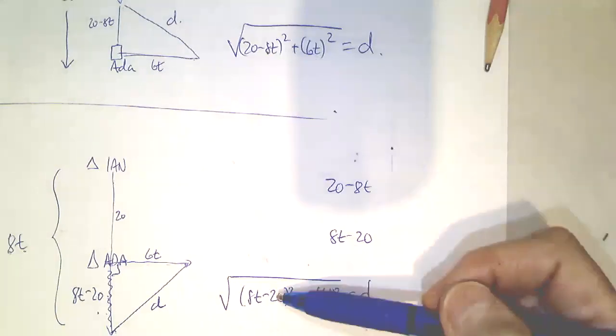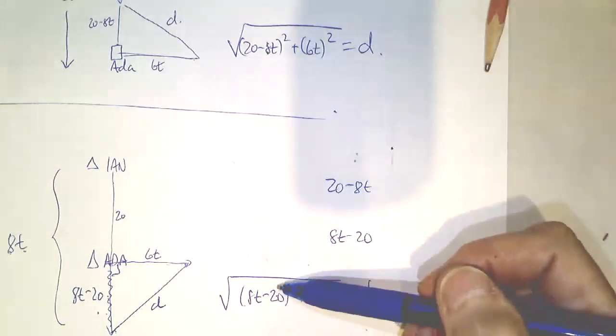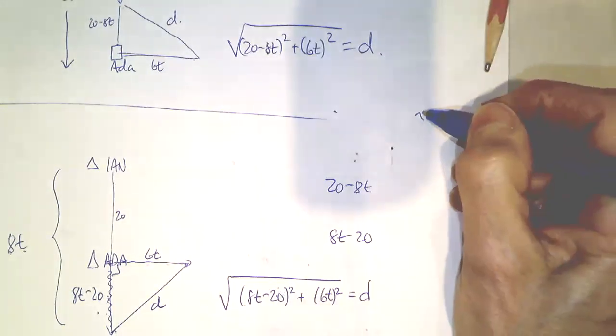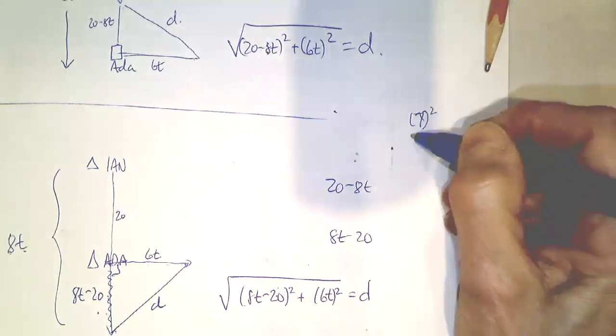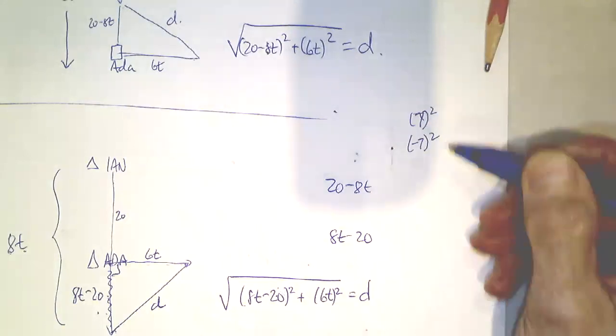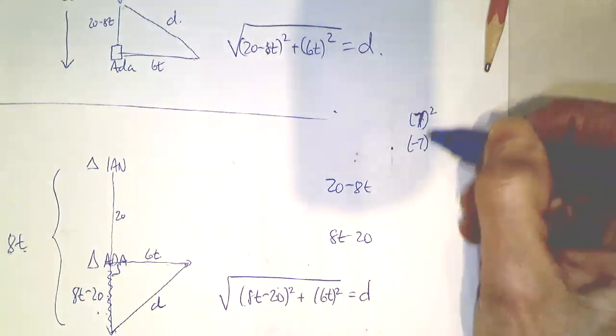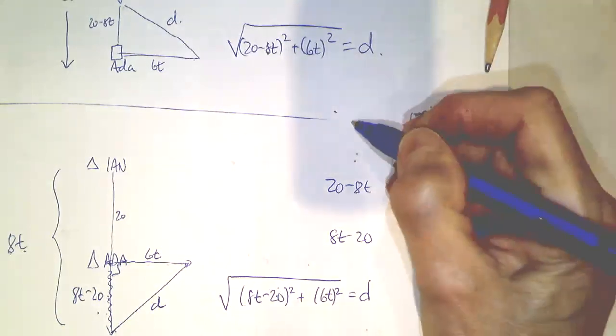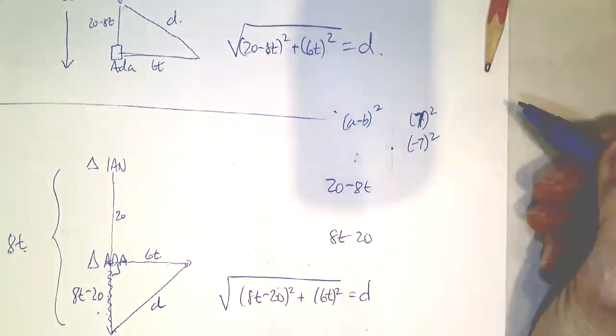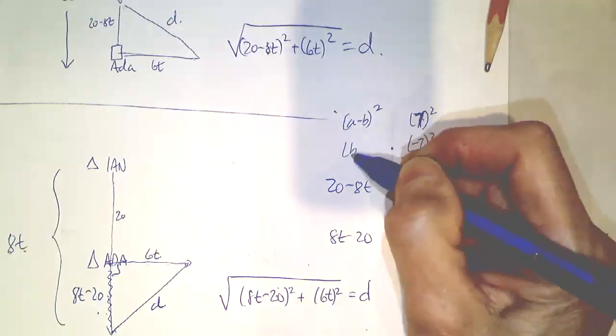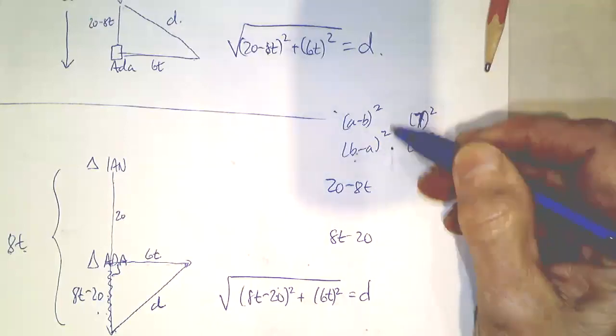Because remember that these two expressions are equal. It's like saying 7 squared versus negative 7 squared. If you have opposites that are being squared, you get the same answer. If you have a minus b being squared, you would get the same answer as b minus a being squared.